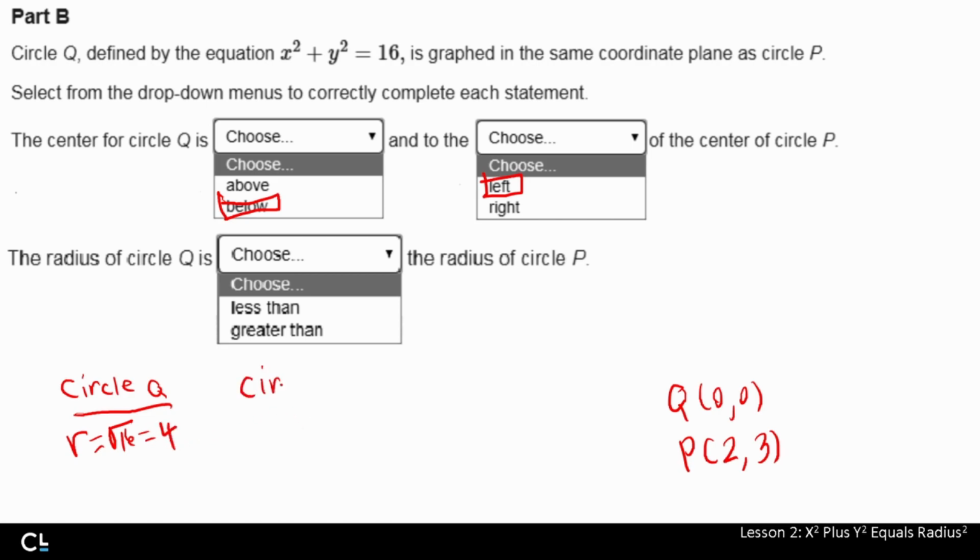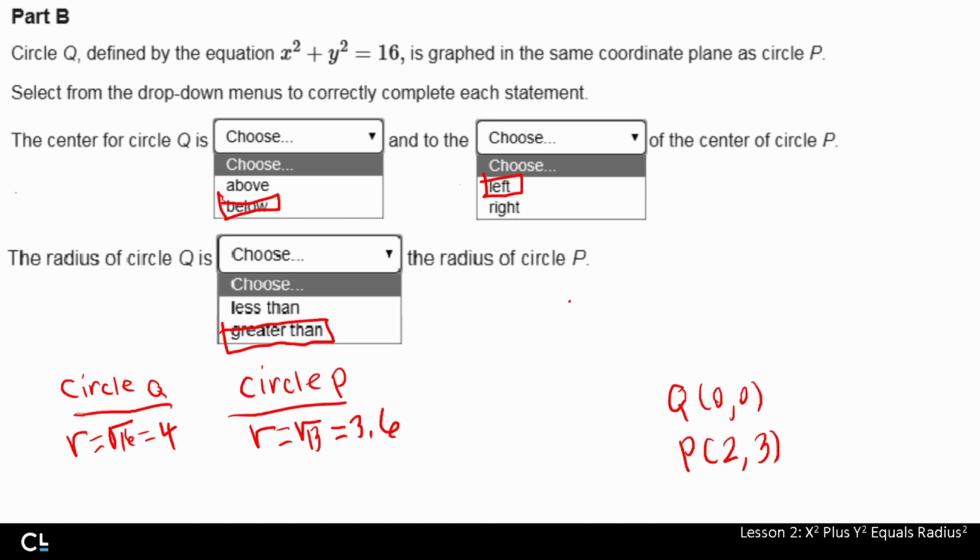And then circle P, the radius, if I remember correctly, is the square root of 13. And the square root of 13, we said earlier, is about 3.6. So which one has the bigger radius? It says here, the radius of circle Q is bigger, so greater than the radius of circle P.